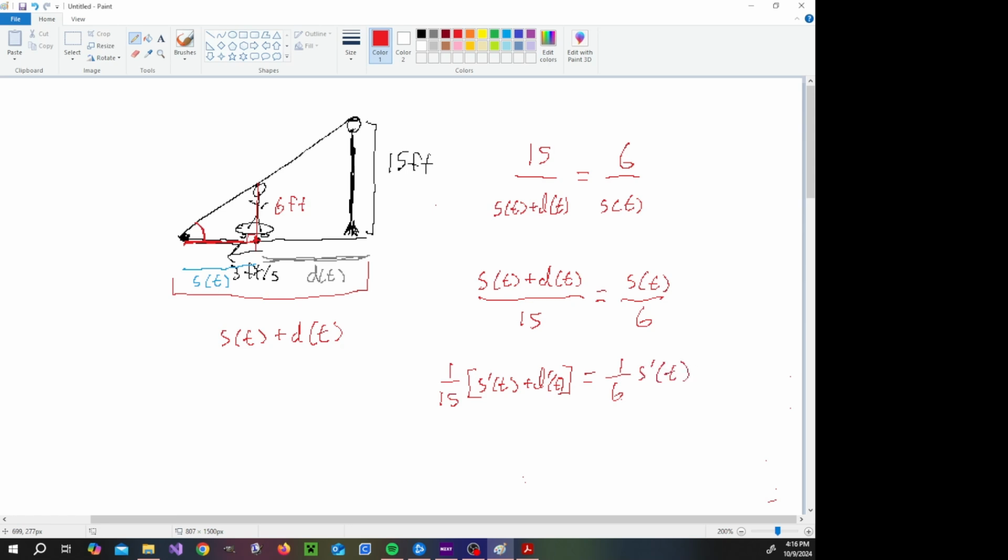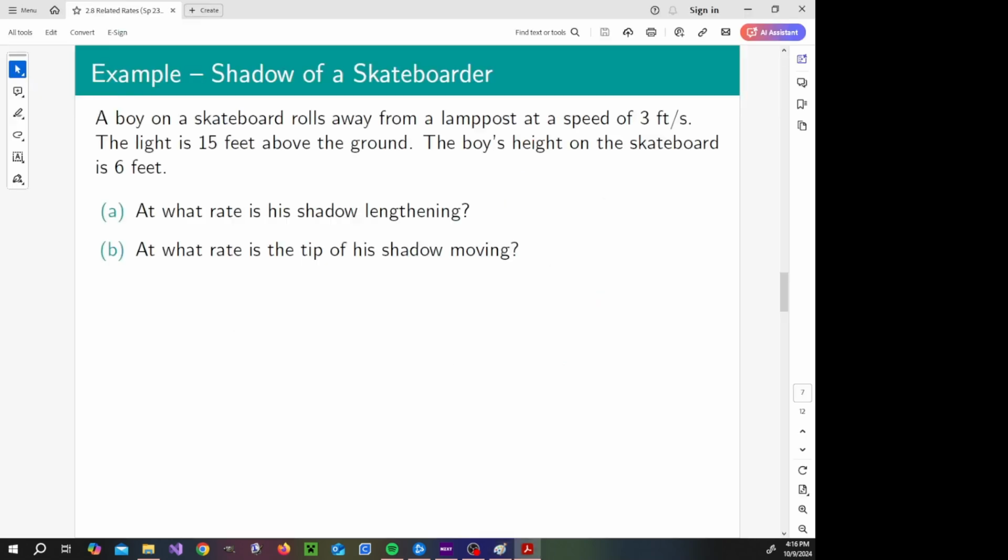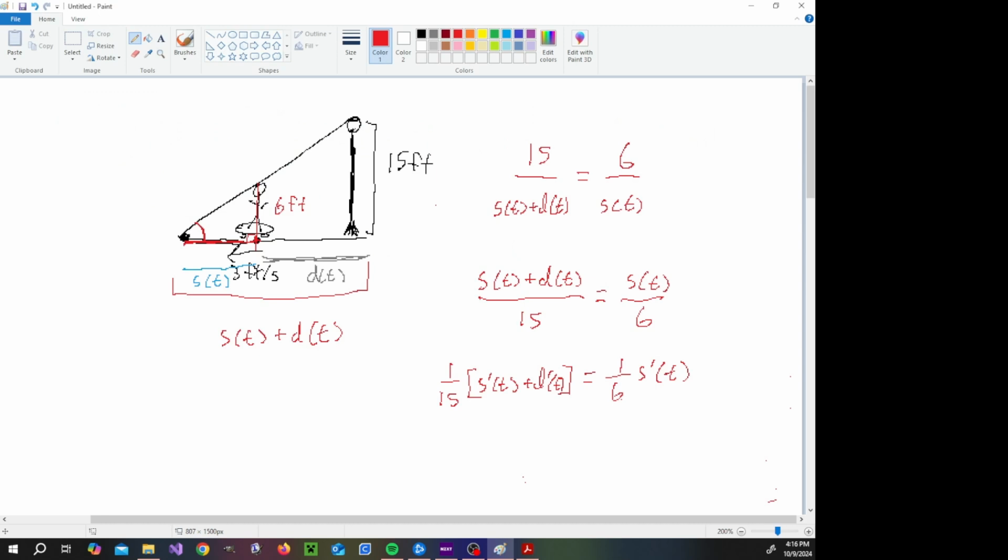The thing we are looking for is how fast the length of the shadow is changing, which is exactly s prime. So the only unknown now is d prime.